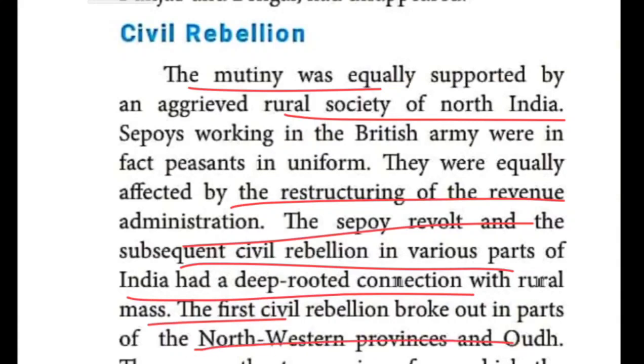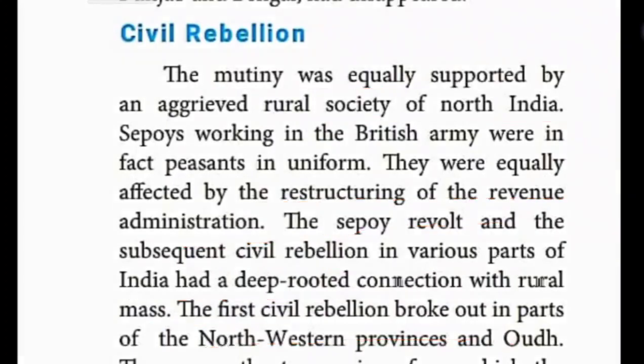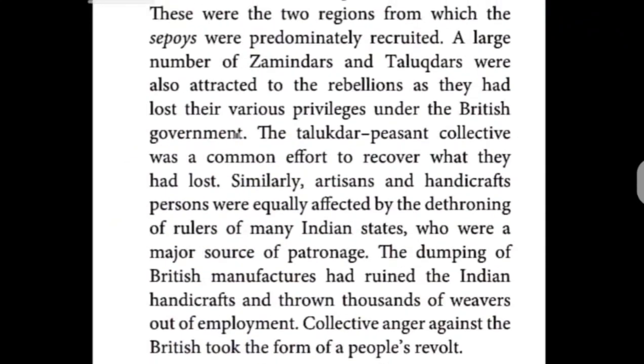Oudh, as I told before, is at present Ayodhya, where they are constructing the Ram temple. Those areas, the northwestern provinces as well as Oudh, were captured by the rebels, because from these two areas the majority of the soldiers were recruited into the Indian army.